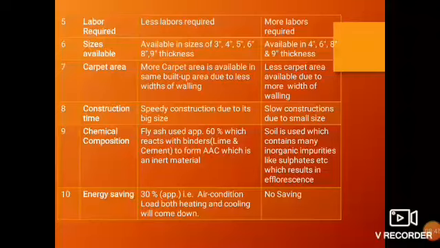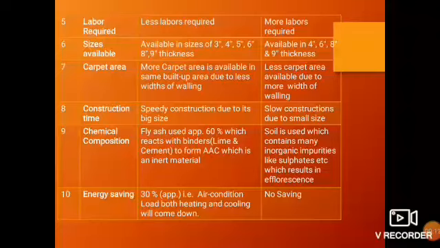The carpet area with AAC blocks is larger in the same built-up area due to less width of walling, whereas for bricks less carpet area is available due to more width of walling. Construction time is speedy for AAC blocks, and the construction time is slow for red bricks. Energy saving and chemical composition.